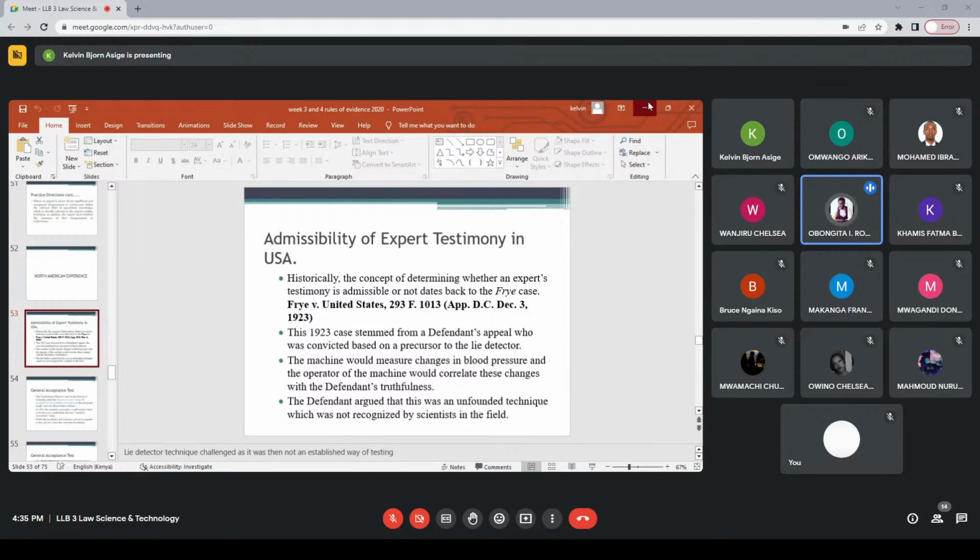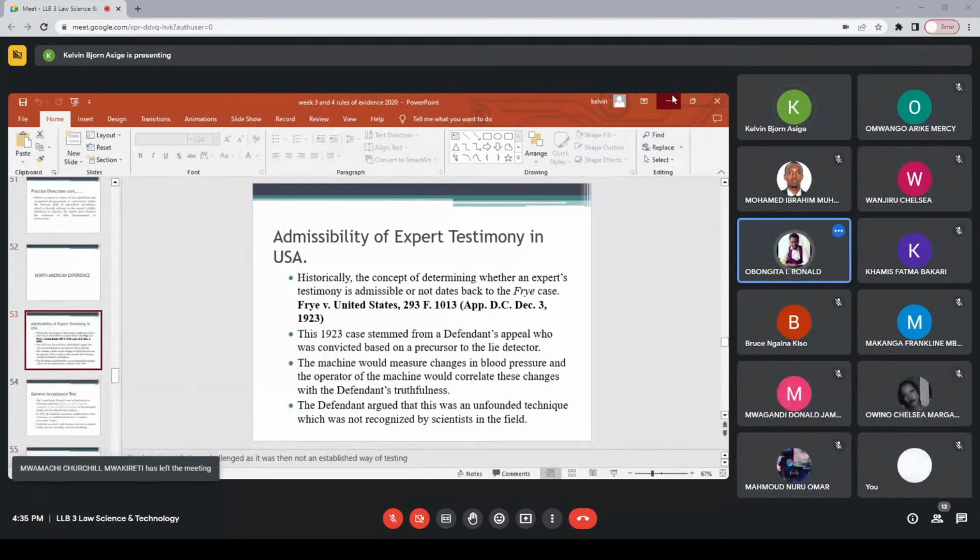And subsection 2 says such persons are called experts. So I think there is a correlation between what we are discussing and our local statutes, or about the same.